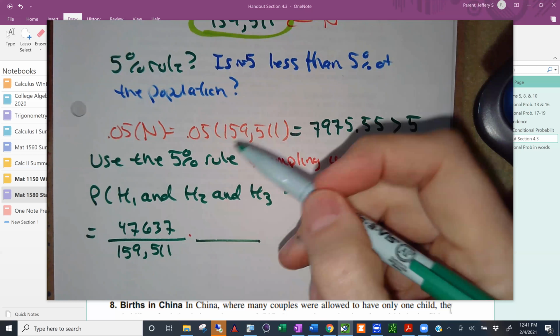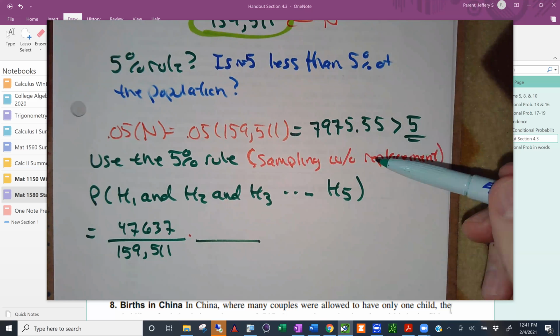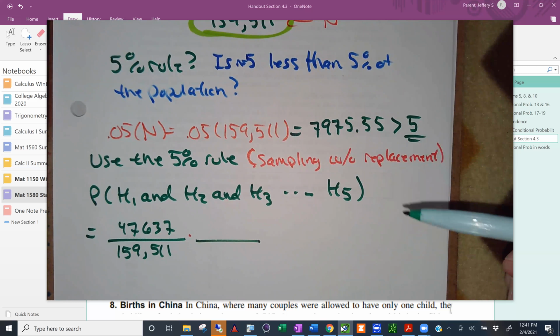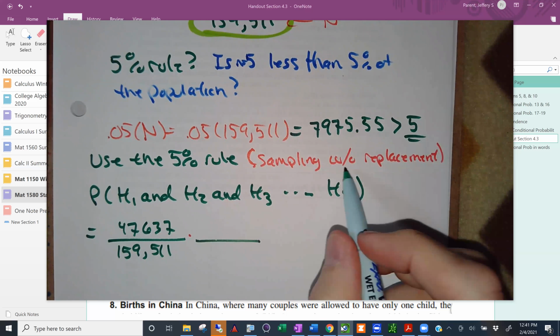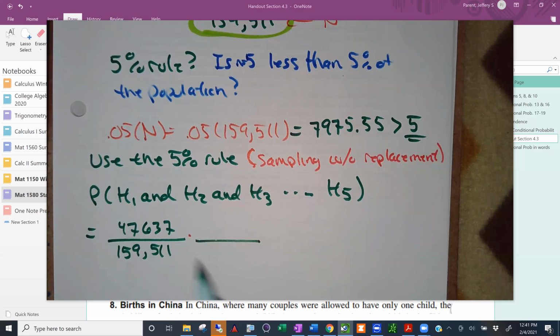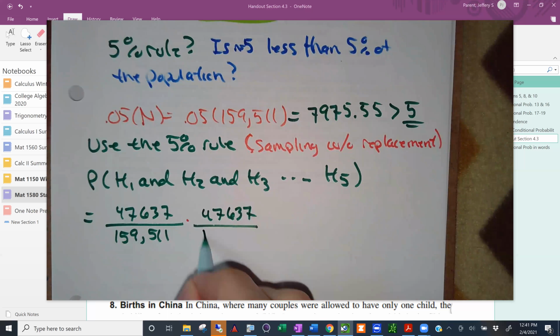But what does the 5% rule say? The 5% rule says treat them as if they're independent events. Now, when you're sampling, what's the method that we use to get independent events? It'd be sampling with replacement. So if I replace this, then it'd give me 47,637 over 159,511.